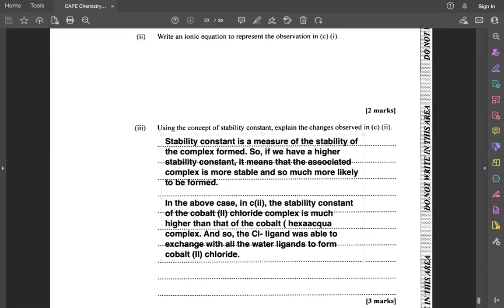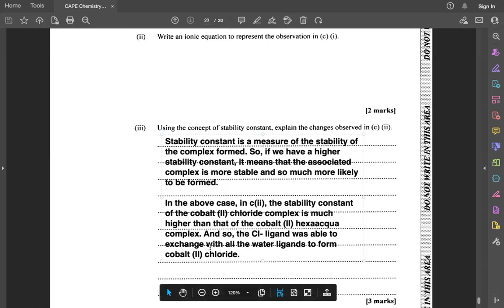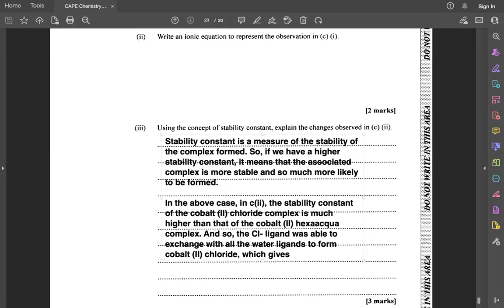We had a cobalt hexaqua complex. So because the stability constant of a cobalt 2 chloride complex is much higher than that, the chloride ligands are going to be able to exchange with all of the water ligands to then form cobalt chloride, which is blue in color, which gives us that blue color that we observe.